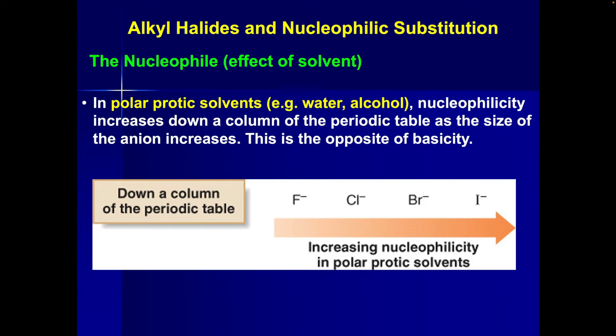We can also have solvents that look like amines. Those could also be polar protic solvents because we have the NHs, okay? They are polar. They have dipoles, but they are polar protic solvents.